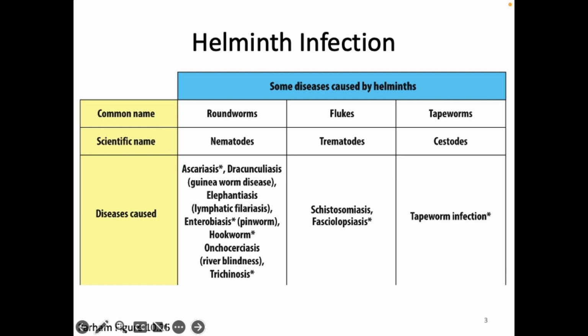You can see some examples of diseases caused by these parasitic worms here: a tapeworm infection, schistosomiasis, trichinosis, onchocerciasis, hookworm, elephantiasis, ascariasis, all of those things. These are all parasite infections with multicellular parasitic worms, or I don't think they're all, I think there might be one that's unicellular, but whatever.